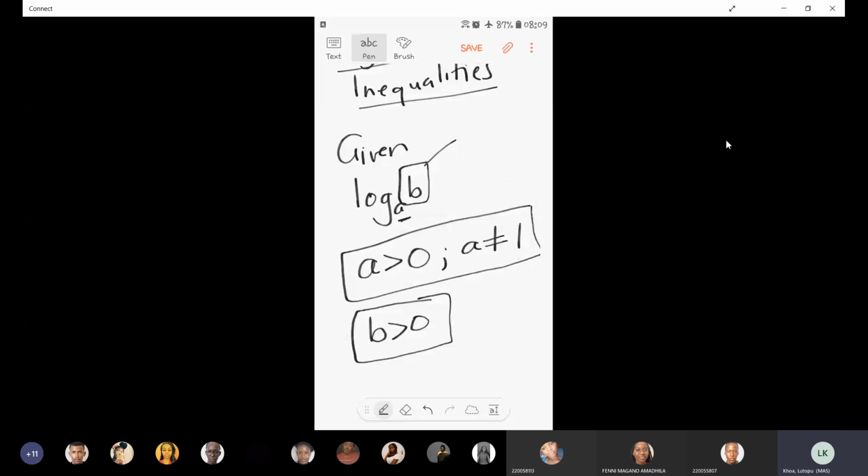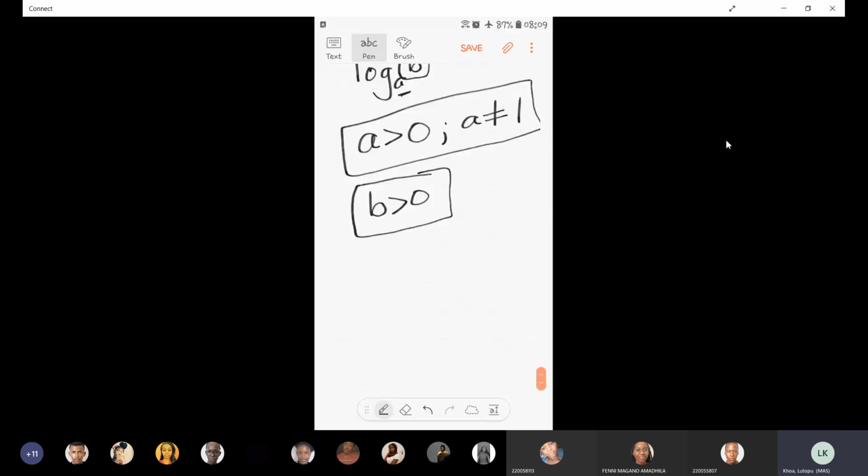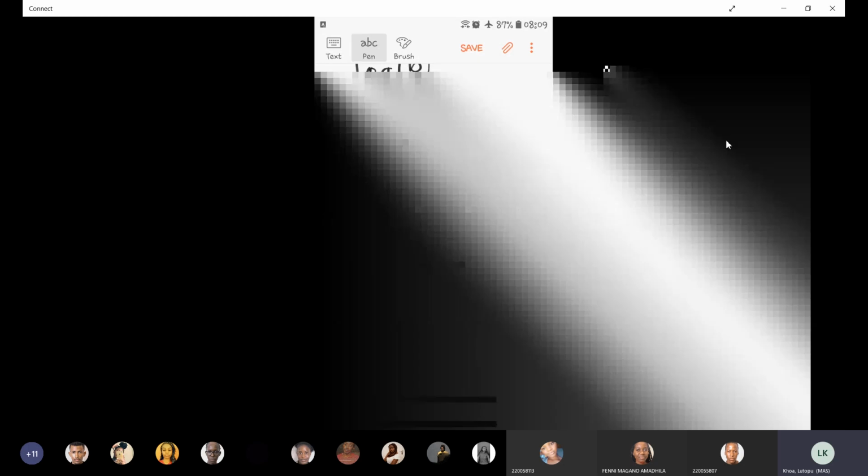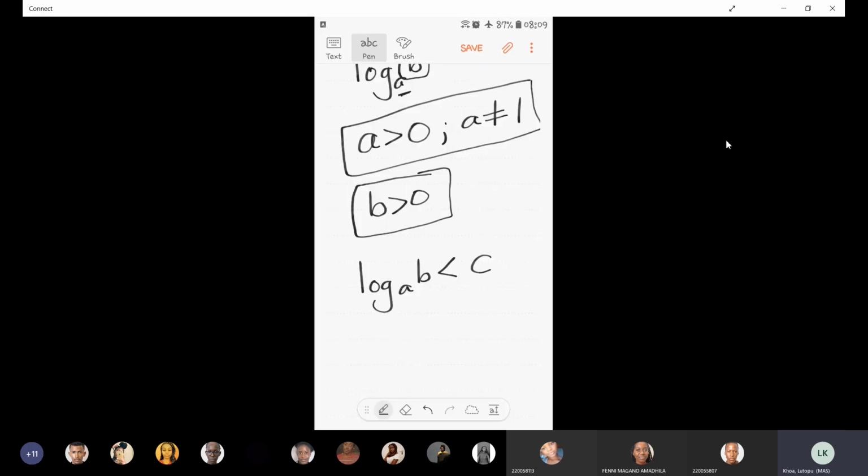It must be positive. Now with logarithmic inequalities, I will give you something like this. Log base A of B is, let's say, less than C. Can be less than or equal to, greater than or equal to. The inequality itself doesn't matter. Now there are two ways to solve this, depending on what your value of A is.